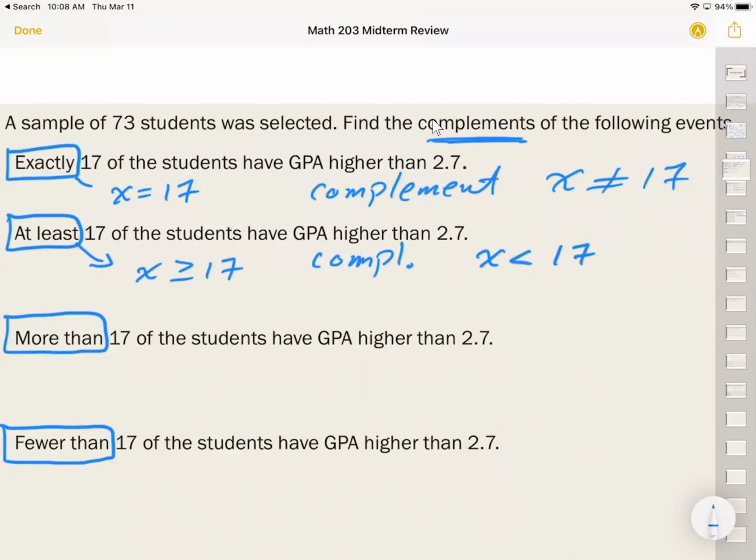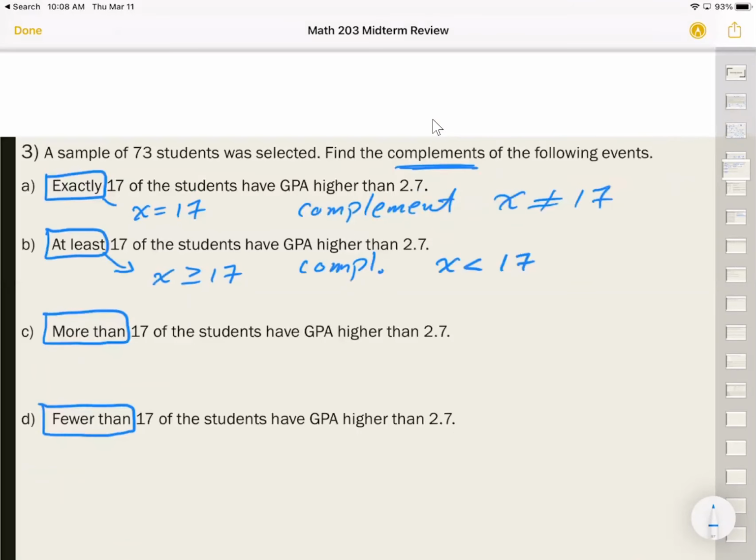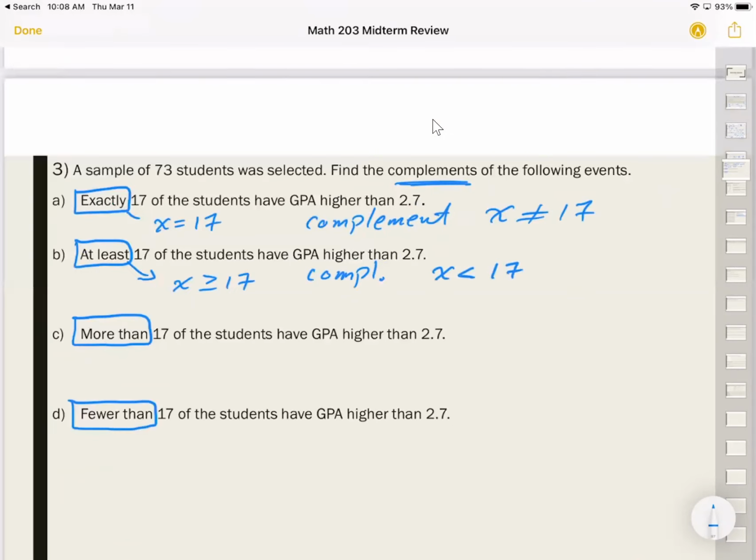Does it help you understand this wording better than just looking at the words?